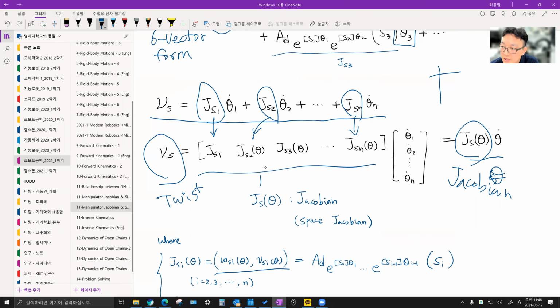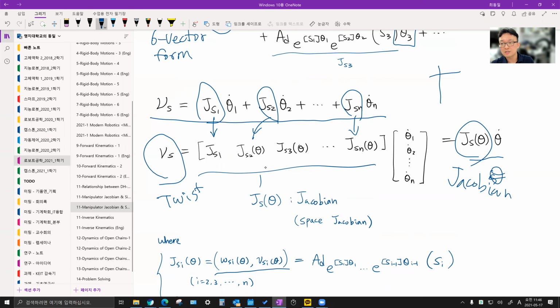Actually, in the modern robotics class, the final goal of our class is to describe rotational movement and translational movement expressed in one format.